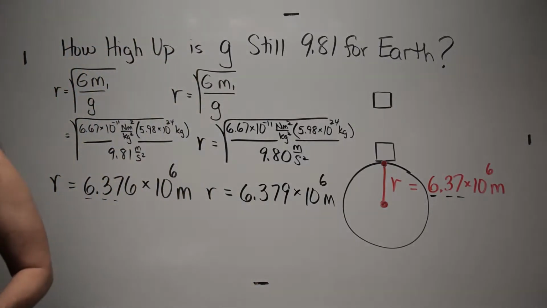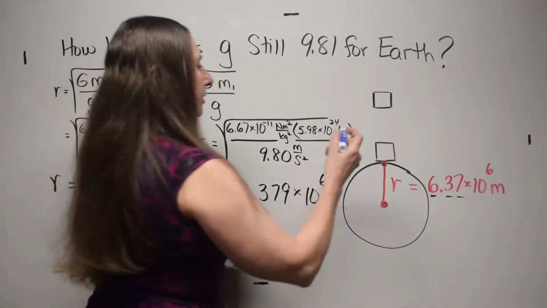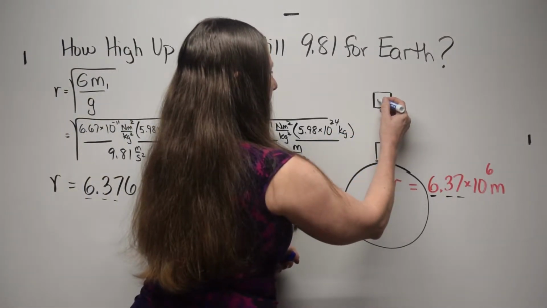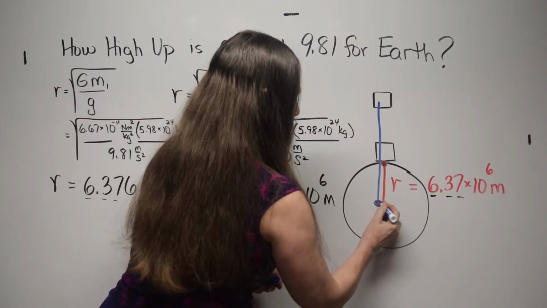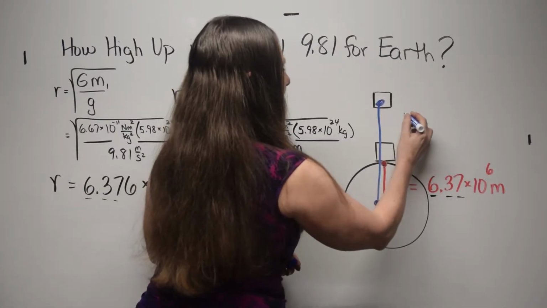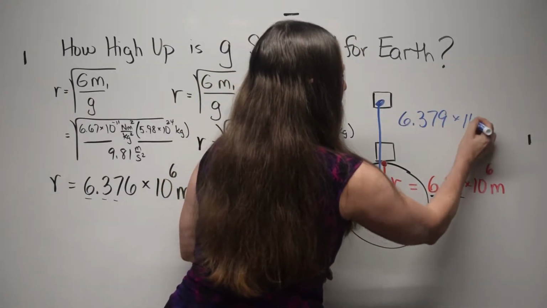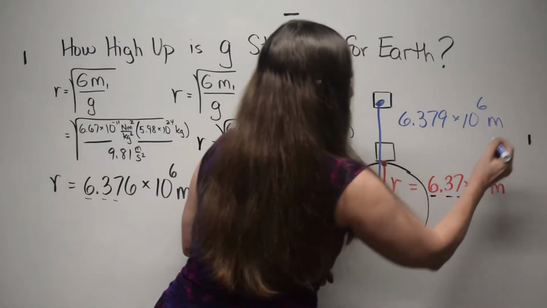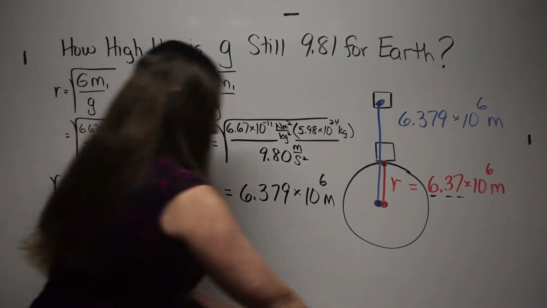All right, so in other words, the box, from the center here, I'll make this blue, the box from the center, this would have to be 6.379 times 10 to the 6th. Now down here, we actually calculated 6.376.